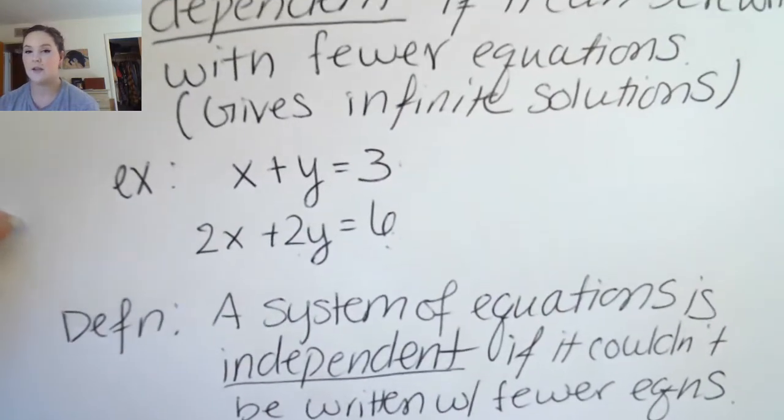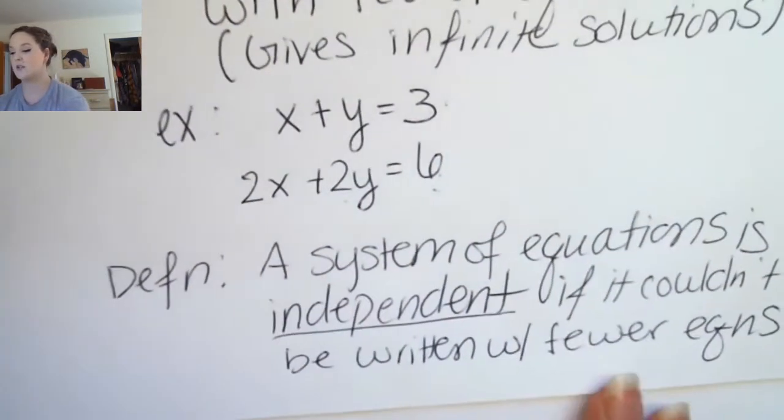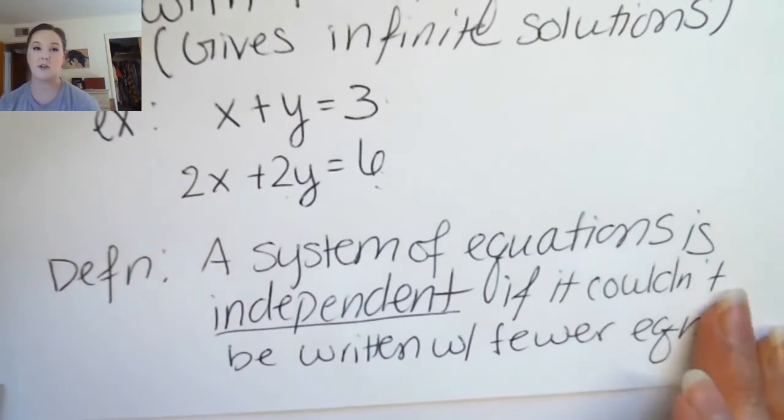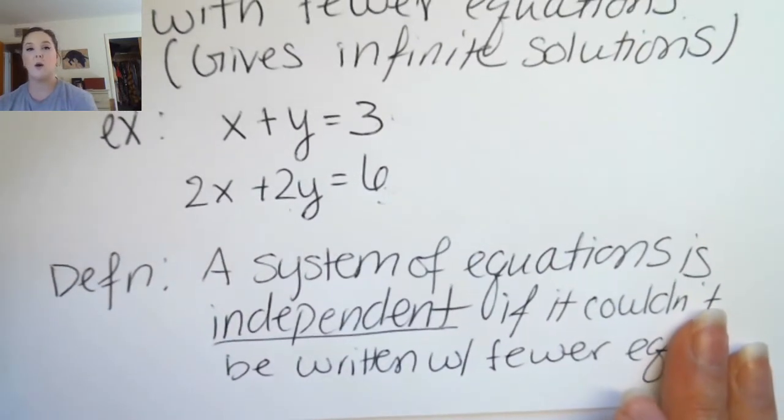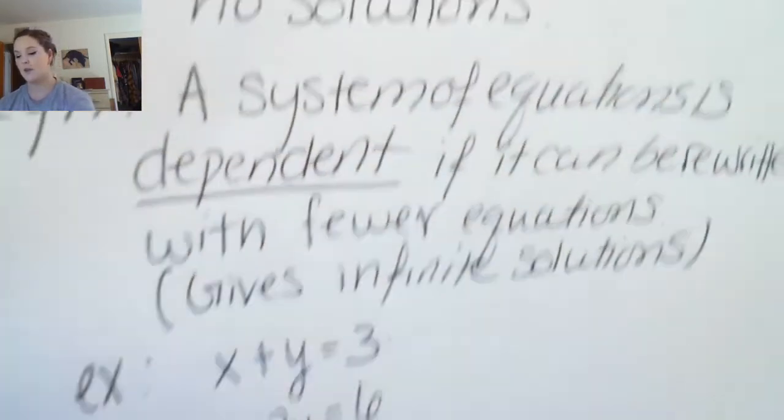And this is what you're used to seeing. So most systems of equations that you see and are trying to solve are going to be independent. Only this kind are going to be dependent. All right. So that's our new vocab. So let's look at some review examples about solving, and hopefully that will allow us to practice our new vocab.